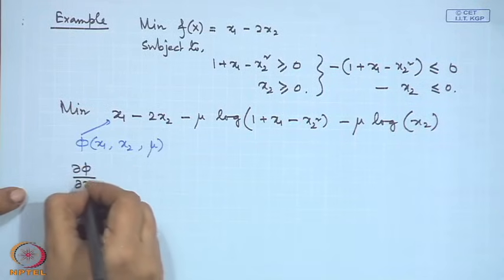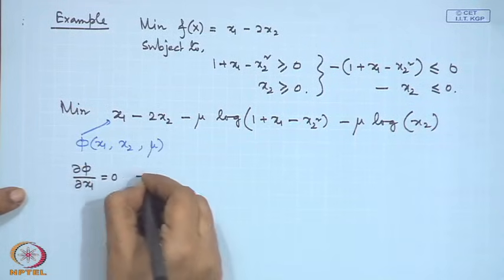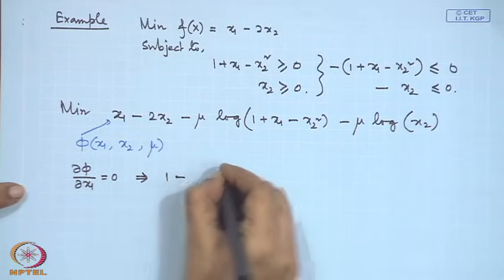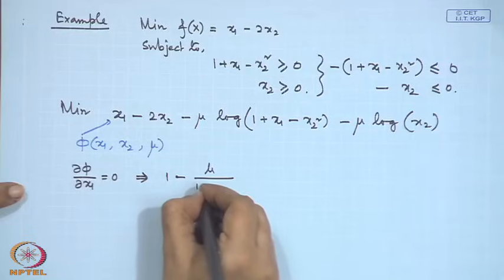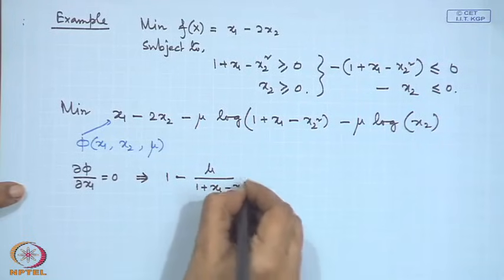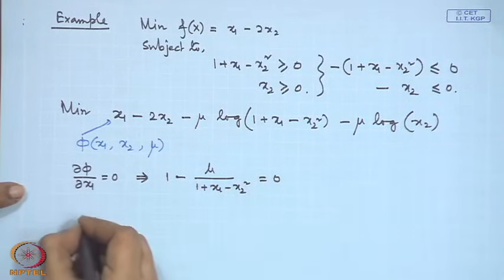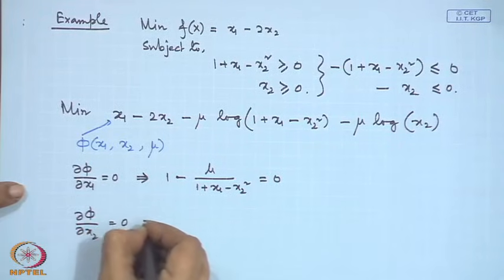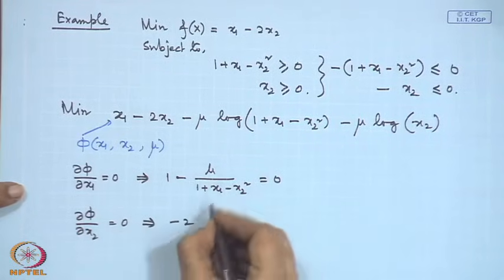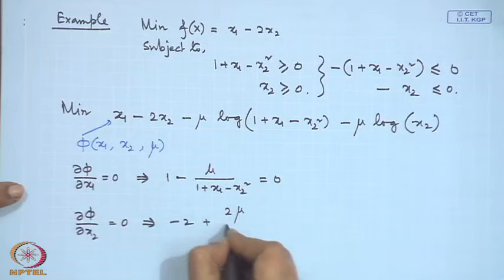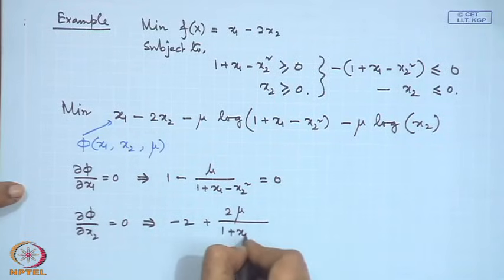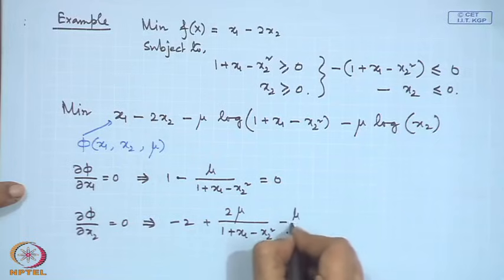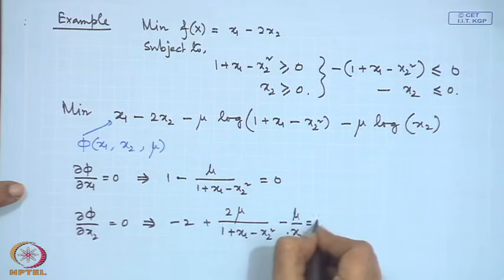Then the necessary condition would be the partial derivative equal to 0, which gives 1 minus mu divided by 1 plus x1 minus x2 square equal to 0. And the second condition is minus 2 plus 2 mu divided by 1 plus x1 minus x2 square, minus mu by x2, equal to 0.